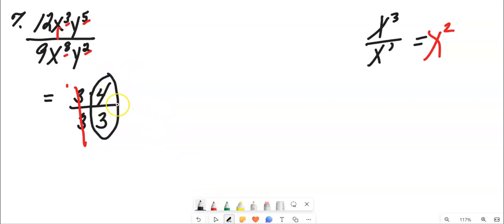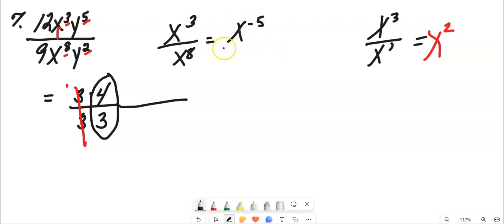Now, to deal with our x's, we know that when we solve for x cubed divided by x to the 8th power, that simply becomes x to the negative 5. Now remember, that's like over 1, okay? So that's why I'm going to write it up here on the top, which is x to the negative 5. Remember, 3 minus 8 will give us negative 5.